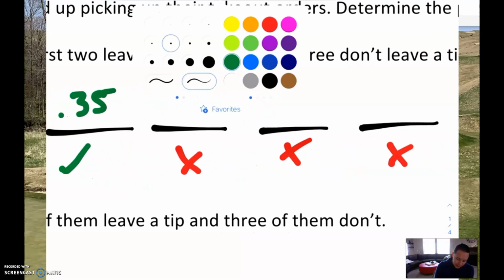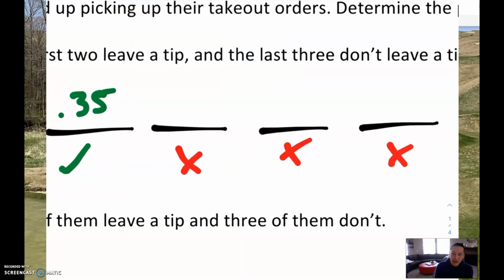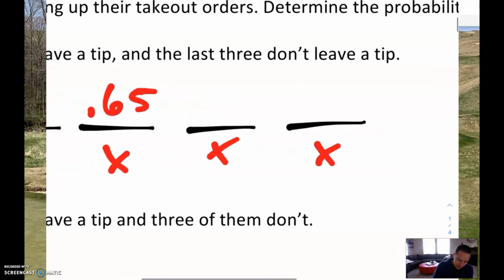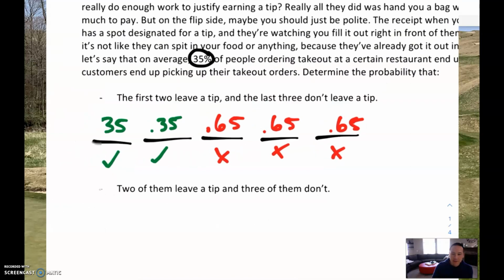And then the next person is going to come in, and the chance that they do not leave a tip is 65%. You can reason that because if 35% do leave a tip, the other 65% do not. They add up to 100%. And the chance that this person doesn't leave a tip is 65%, and this one also 65%.